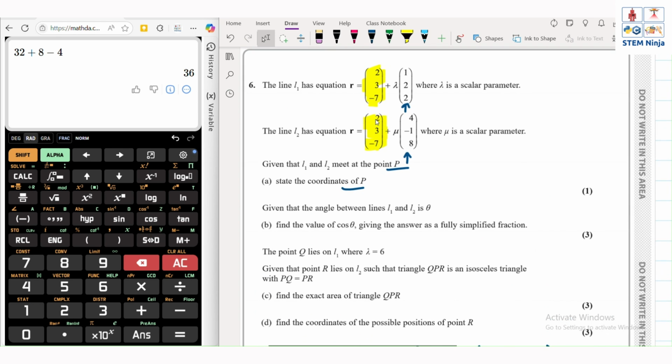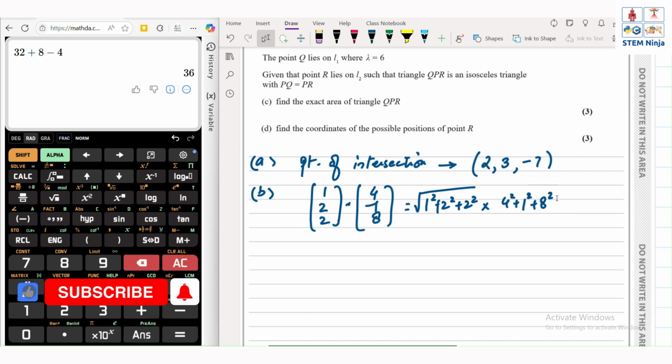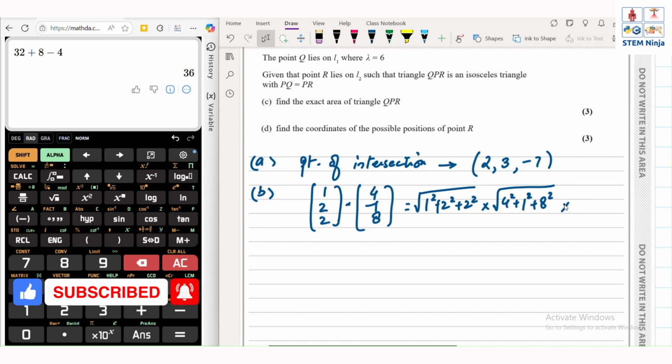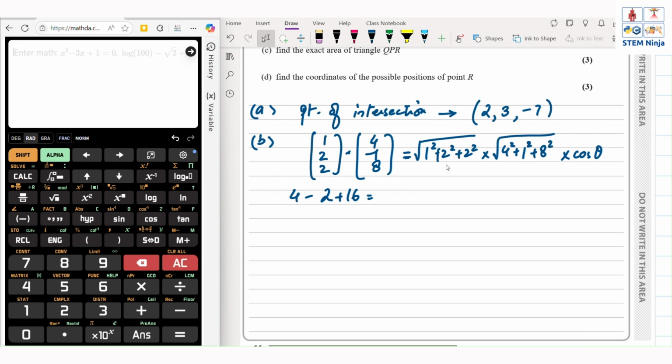This is equal to the square root of 1 squared plus 2 squared plus 2 squared, times the square root of 4 squared plus 1 squared plus 8 squared, times cosine theta. The left-hand side, the dot product itself: 1 times 4, minus 2, plus 16.